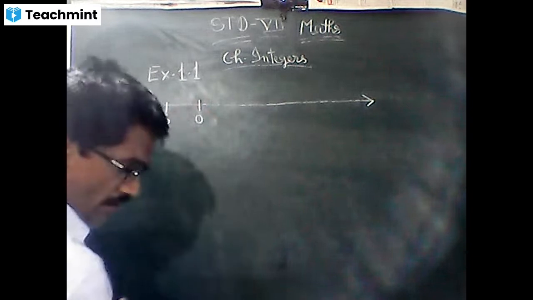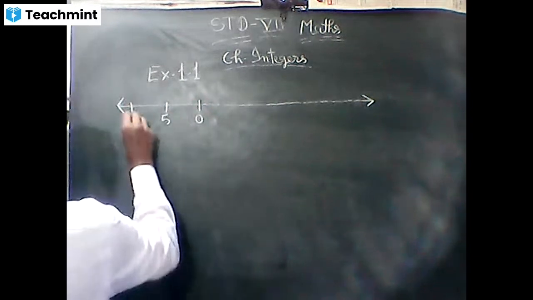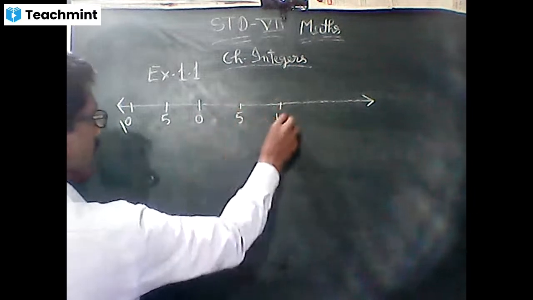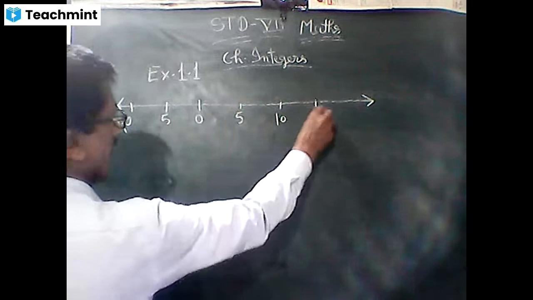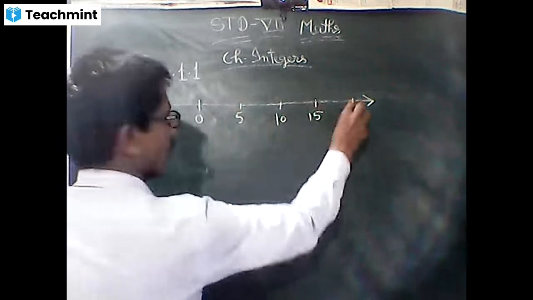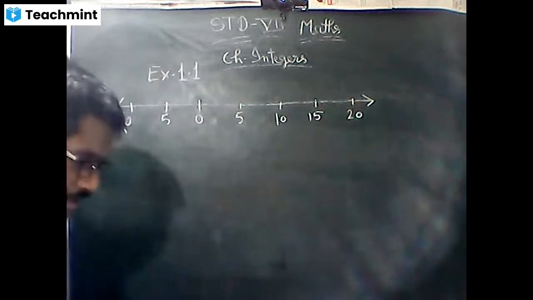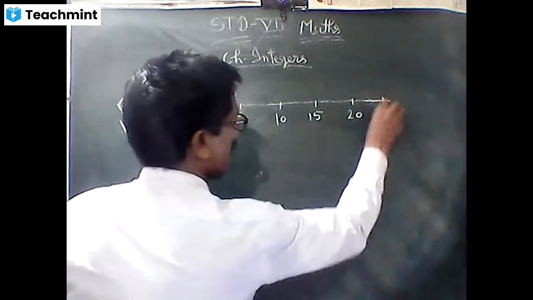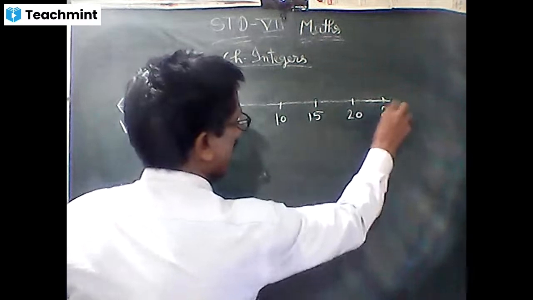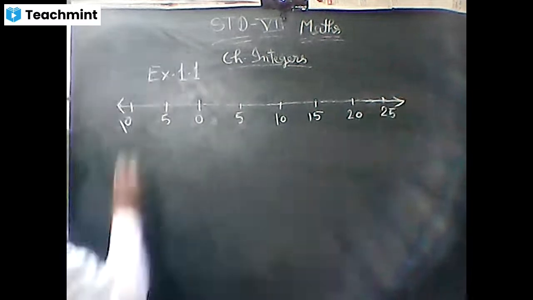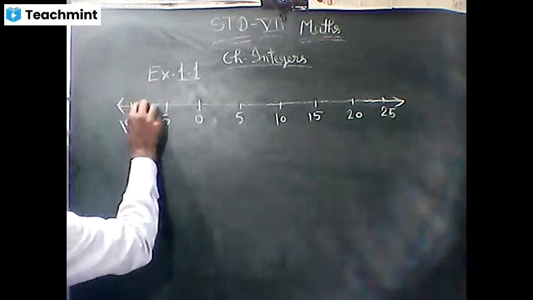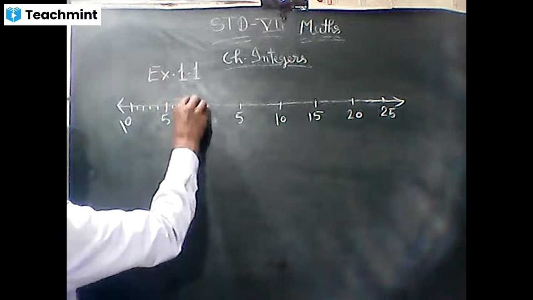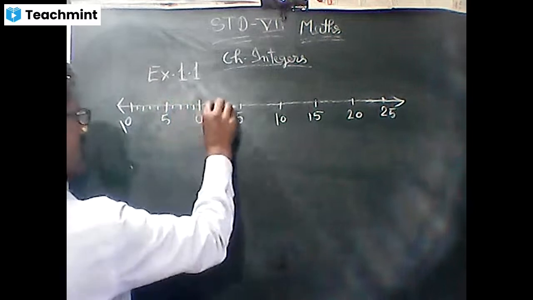0, 5, 10, 15, 20, and 25. And there are also some smaller marks that we have to identify in this way.